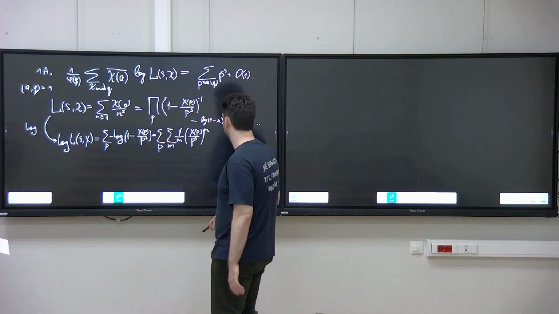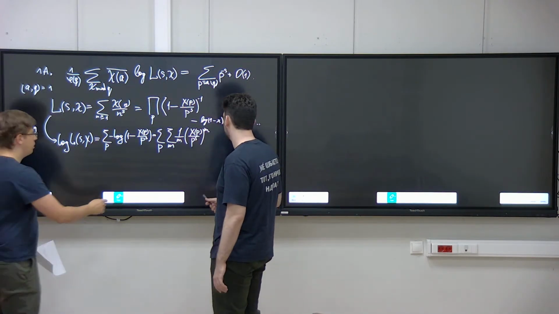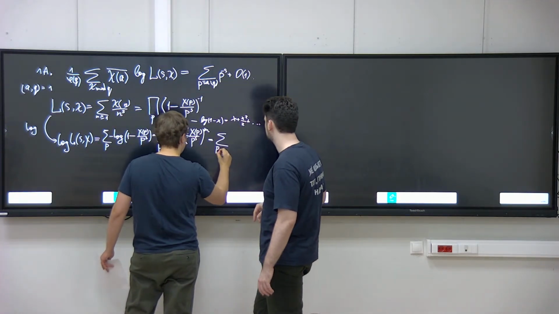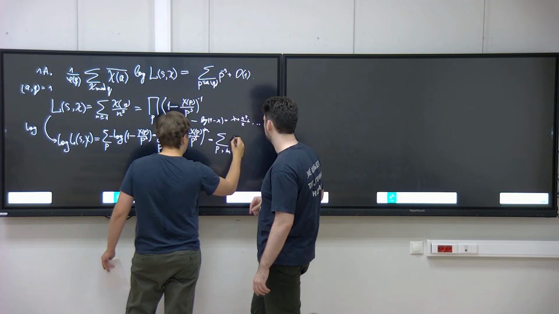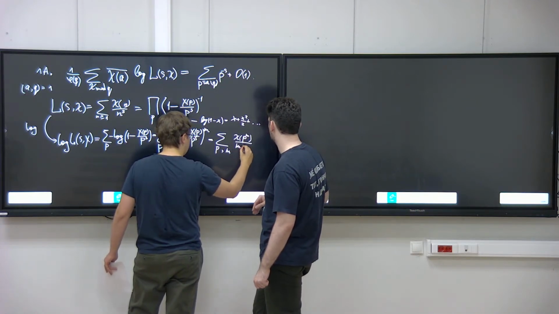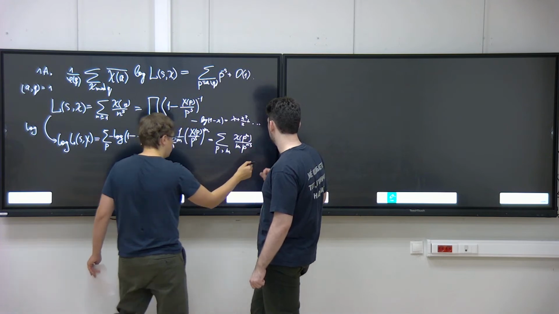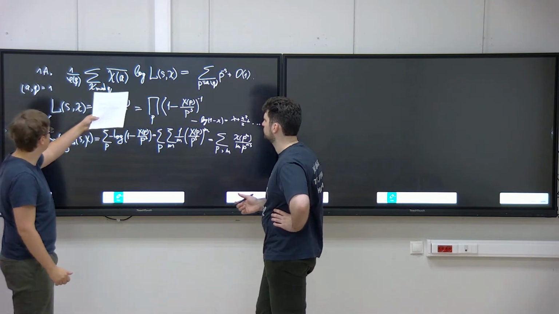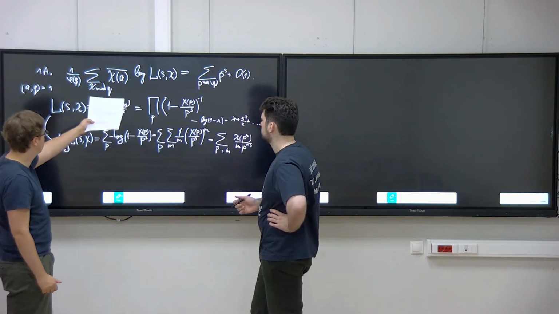Поскольку у нас характер мультипликативный, хи от p вынесем. This is sum over p and m of хи от p to the power m. А это выглядит более чем знакомо. And now we should sum this over characters.